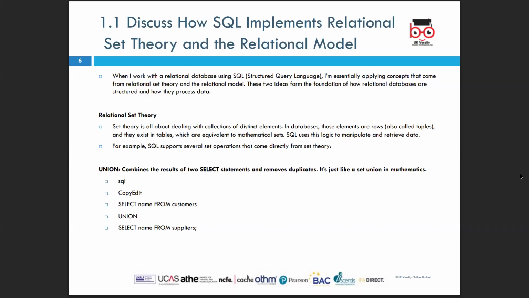So what are these set operations? We have union, which combines the results of two select statements and removes duplicates, just like a set union in mathematics. So in SQL, we select the name from our customer, and we use this union to select from supplier.